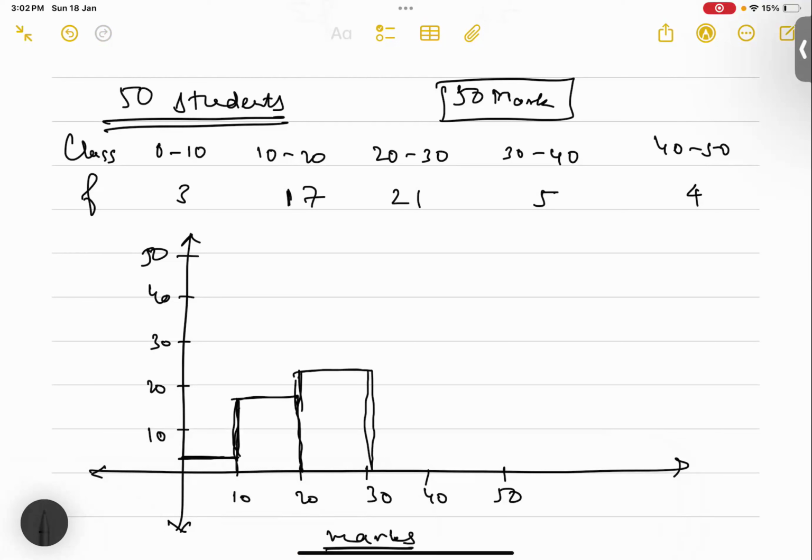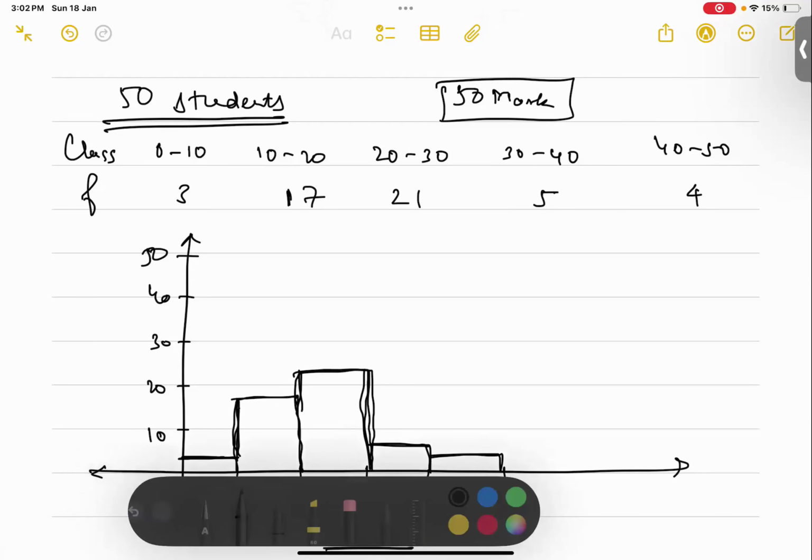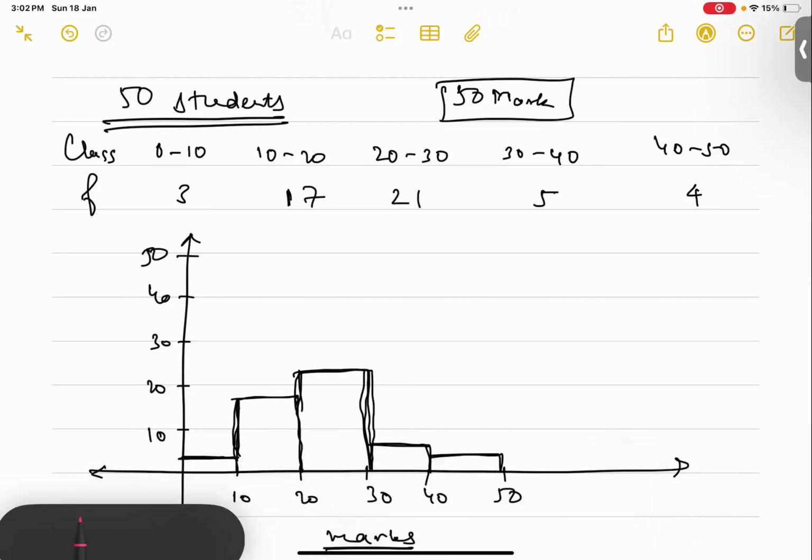Okay. Just a random rough graph I'm making. 30 to 40, 5 students. And 40 to 50, 4 students. Now I'm just taking the midpoint of this bar diagram.